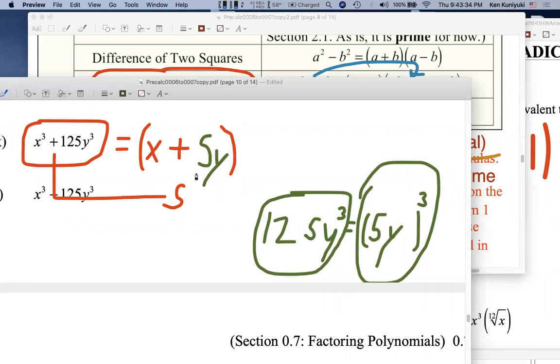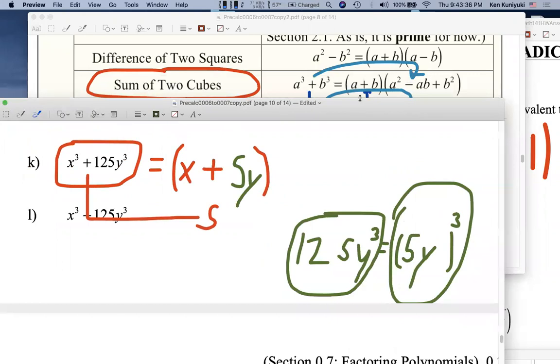Any questions about the binomial? That's the a plus b piece. A is x, b is 5y. And then what you do is you build off the binomial to get the trinomial. I'll do this in blue. Here a goes to a squared, so x goes to x squared.